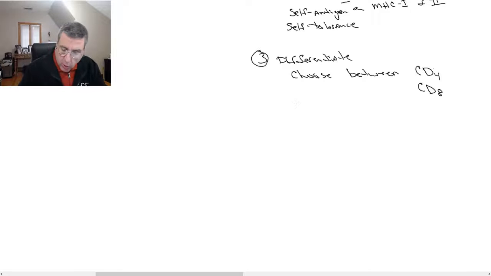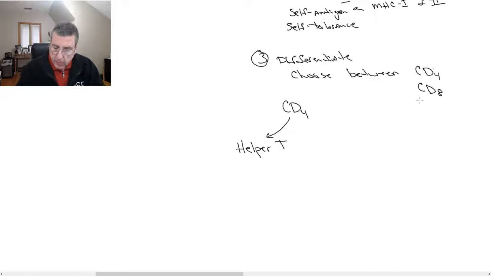Okay, so the ones that stay on the CD4 side end up being a helper T cell.